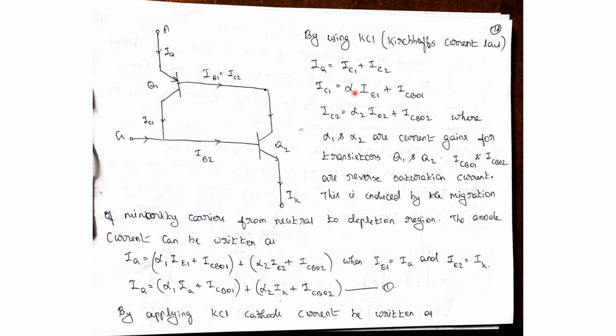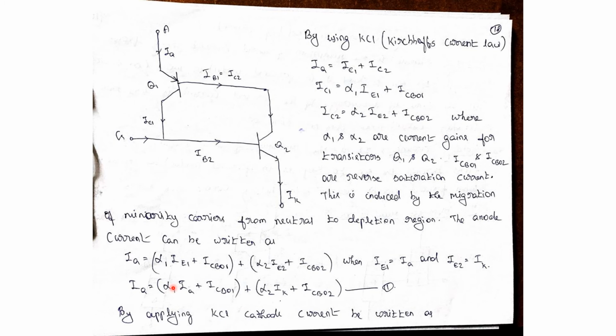Here alpha 1 and alpha 2 are the current gains of the transistors. ICBO1 and ICBO2 are saturation currents, due to the migration of the minority carriers from neutral to depletion region.